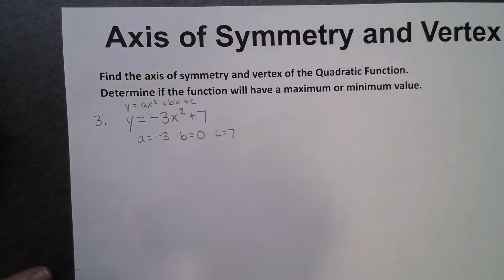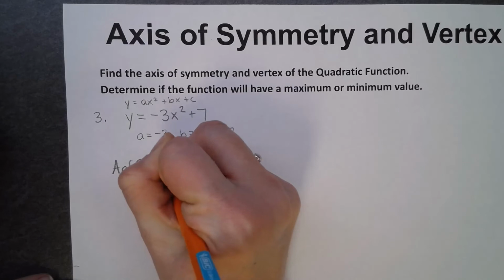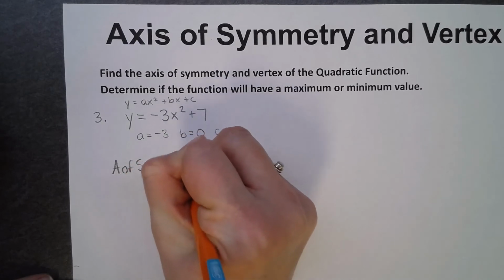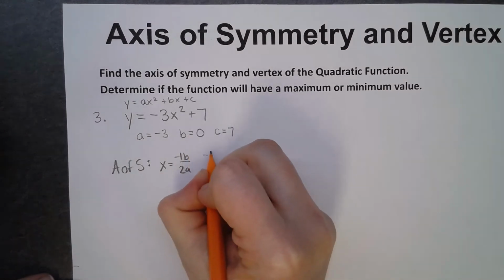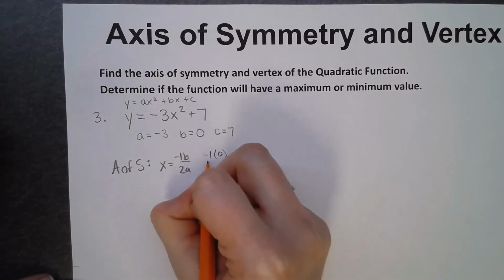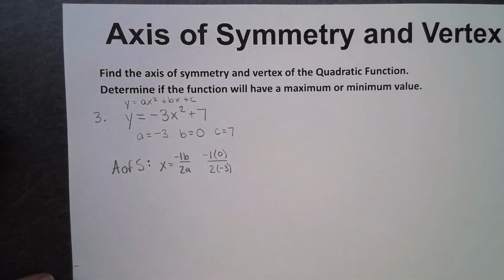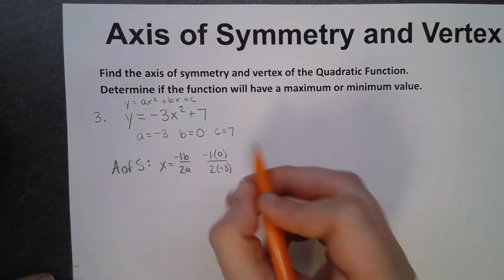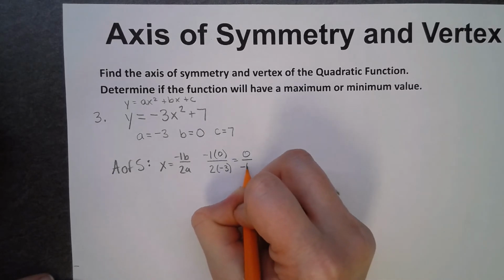So let's set this up in our axis of symmetry formula. So x equals -b over 2a. So we have -1 times 0 over 2 times -3. -1 times 0 is 0. 2 times -3 is -6.